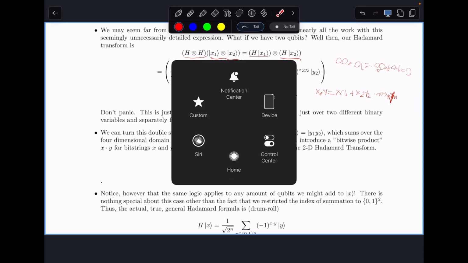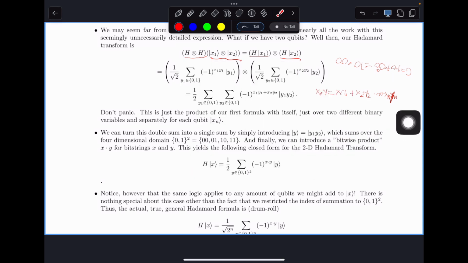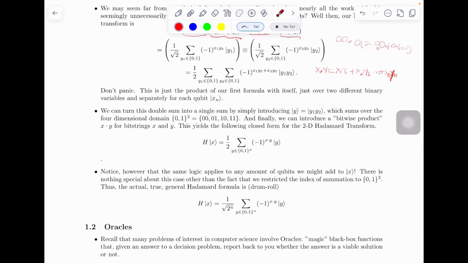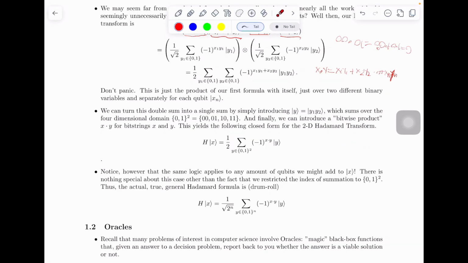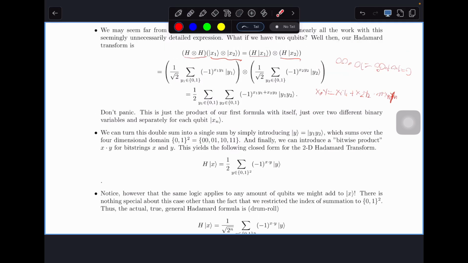I paused the recording. This is always so jank, man. Did it help? It just stopped. I'm not quite sure. It's like flashing. Yeah, this is off, right?